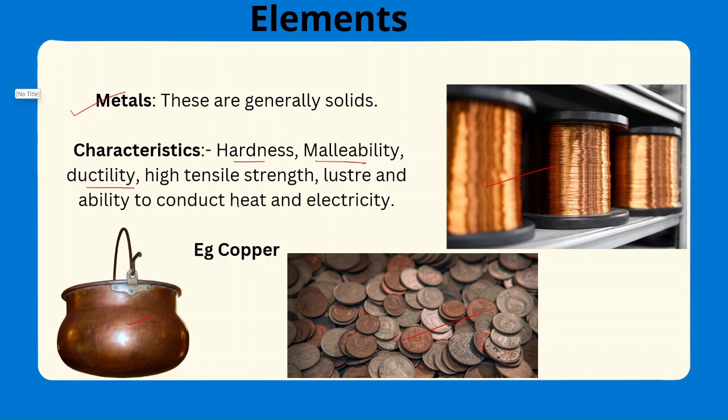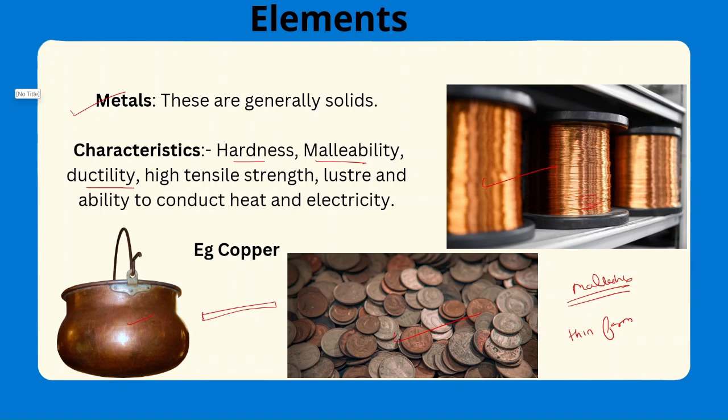Malleable means that if this is my metal, I can make it into the form of wire like this. The term malleable is where we can hammer it and make it into a thin form.